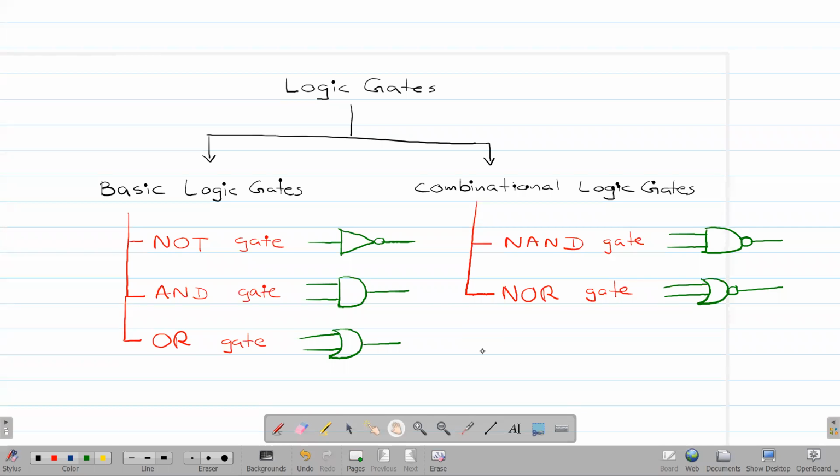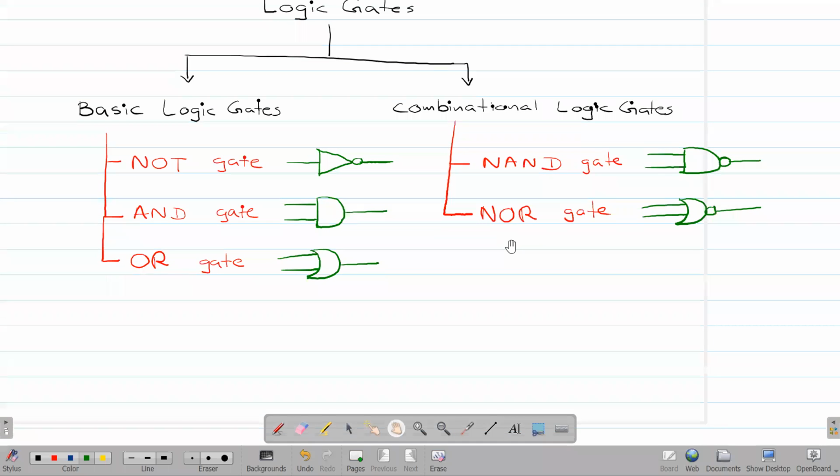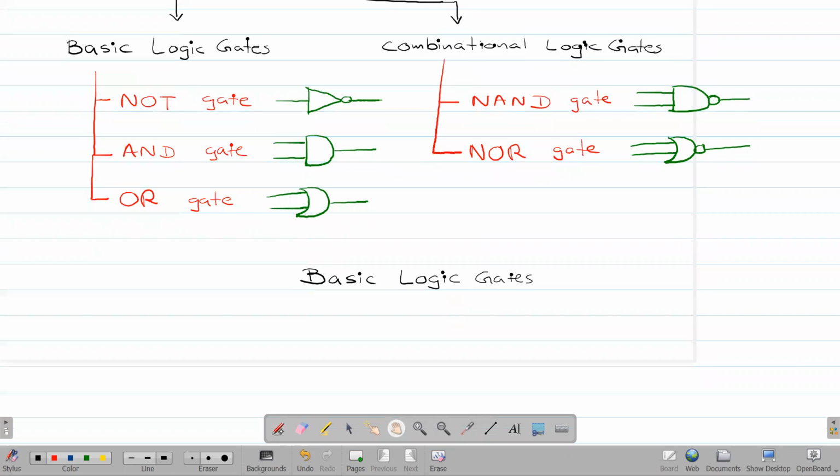So let's talk about the basic logic gates first, right? There are more to learn regarding the basic logic gates. So when it comes to the basic logic gates, we learned that there are three types.